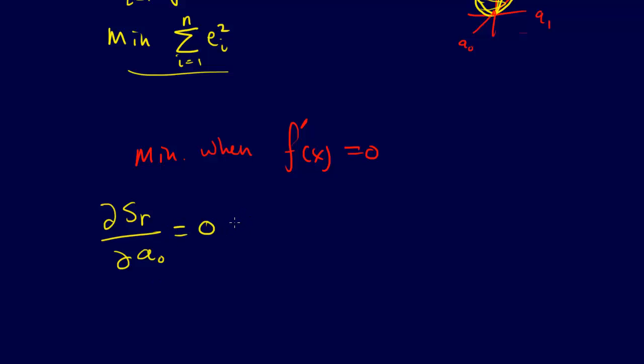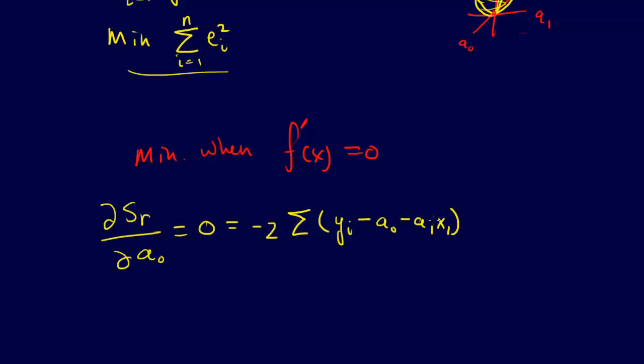That is going to be equal to minus 2 times the sum, from i equals 1 to n, so you just remember that, of yi minus a naught minus a1 xi. Okay, so all we've done here is really simple.